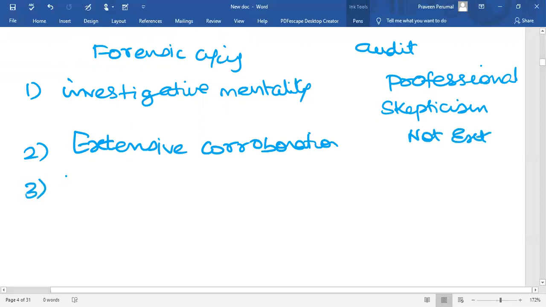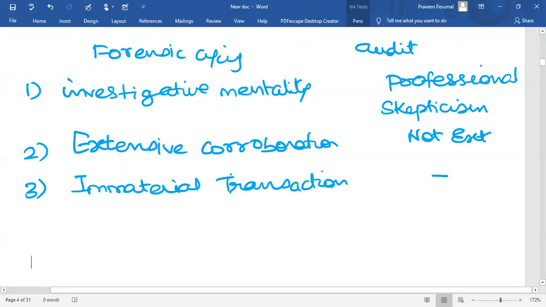Point number 3. Forensic accountant mainly focuses on immaterial transactions. Why? That is where the catch lies. Here, the audit mainly covers the material transactions.